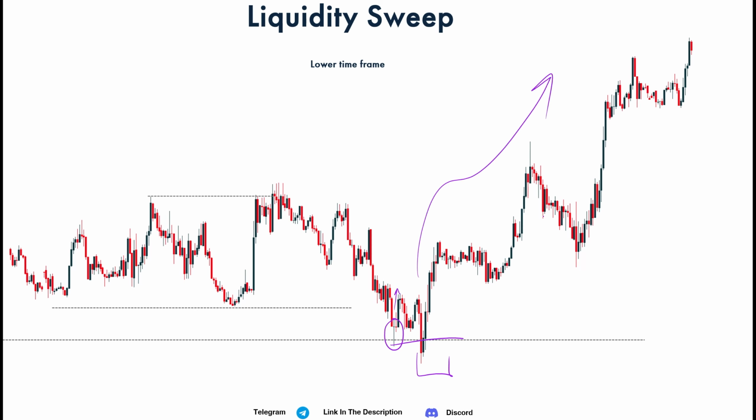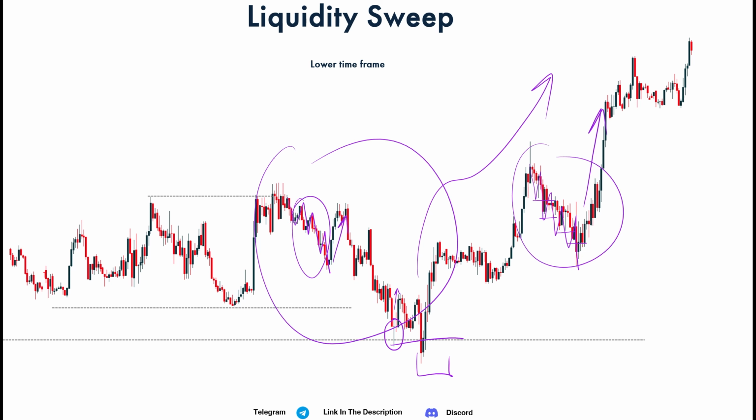And this kind of thing, they are everywhere. Even if I do something like this, you can clearly see everything. They are everywhere. Even in here, we have them. And that is why you see a strong move to the upside. After these moves here, the market will move aggressively. Okay, I hope you understand it.